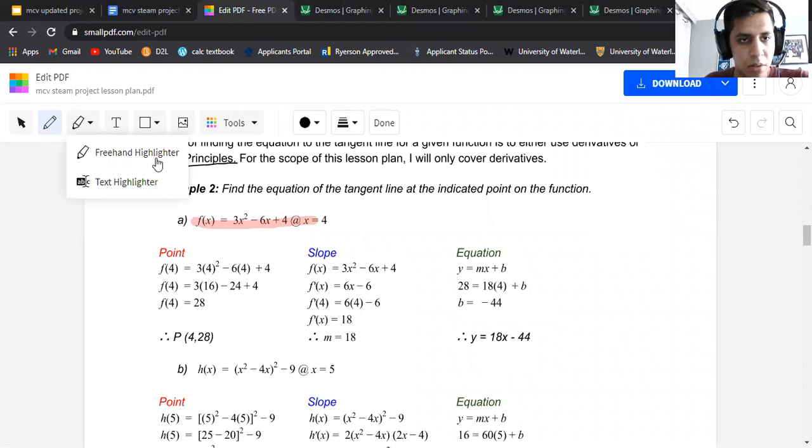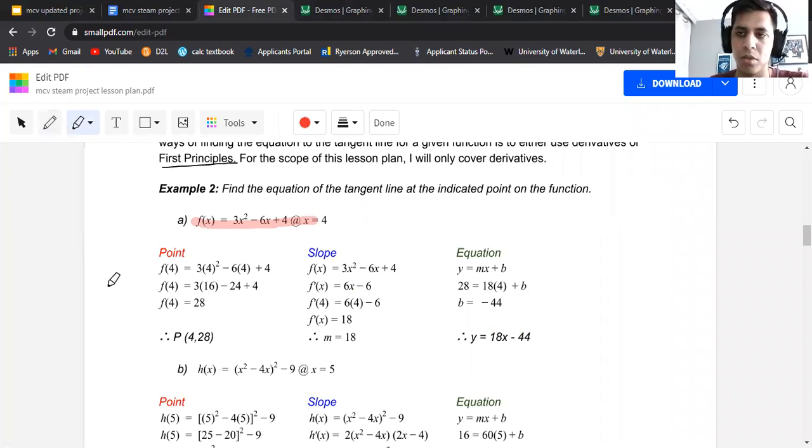So going into highlighter, the first step you're always going to want to do is put whatever you're finding, so 4 in this case, into your function and see what it spits out. In our case, it spat out 28. So we know that the point of tangency, the point where we want the tangent to touch at only one point, is going to be (4, 28).